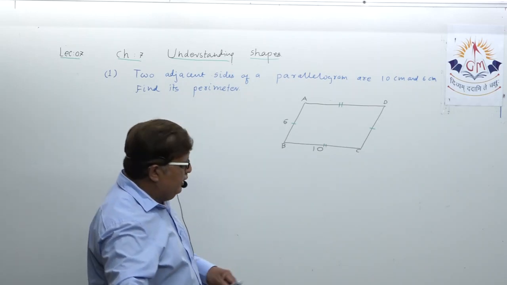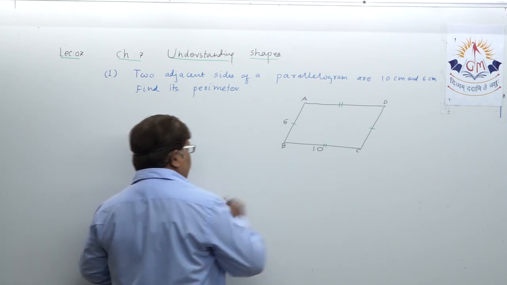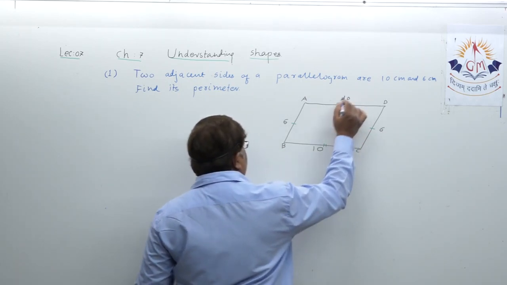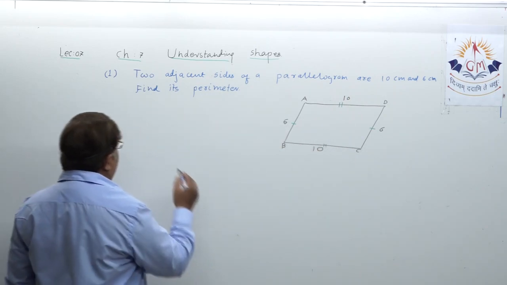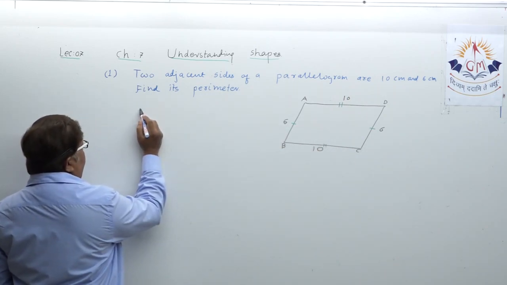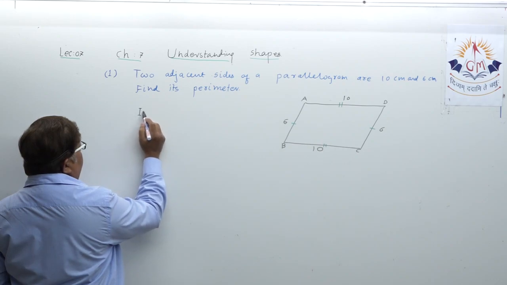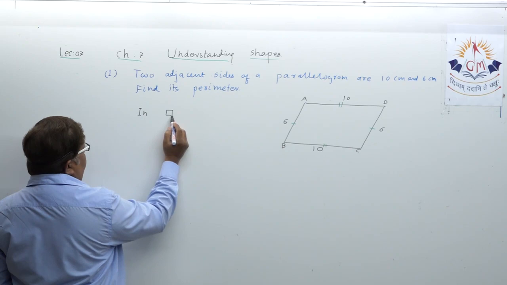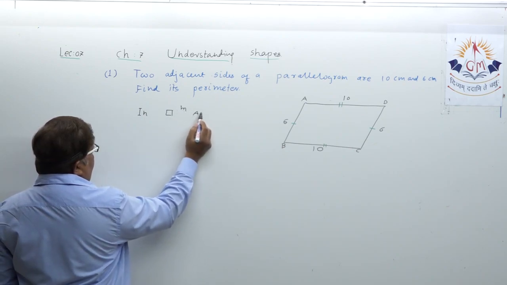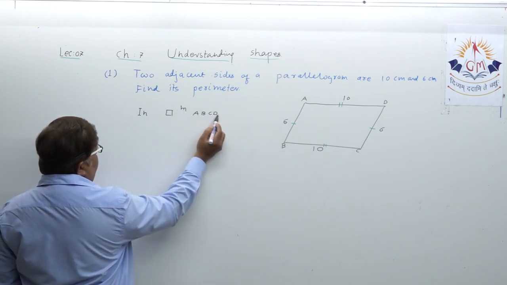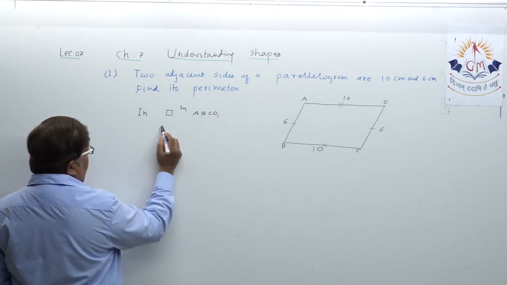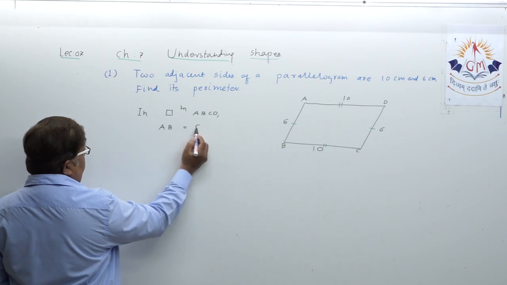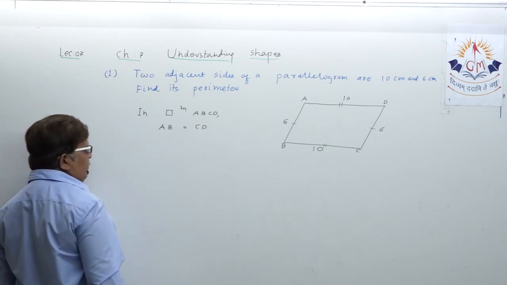You have to write this way. AB 6, this is 6. BC 10, this is 10. How will you write in solving the sum? This is the way. In parallelogram ABCD, AB equal to CD, because they are opposite sides.